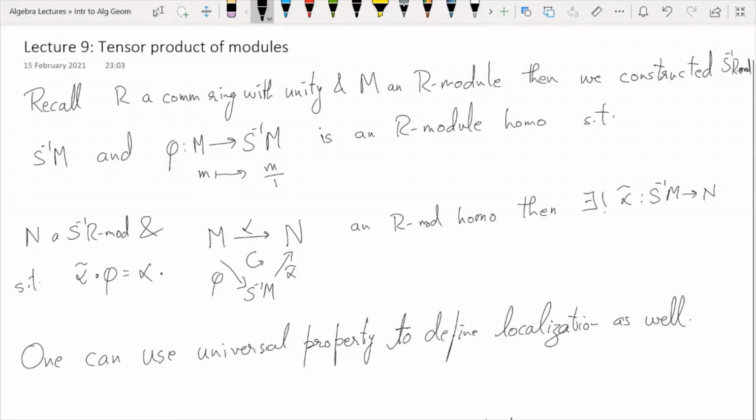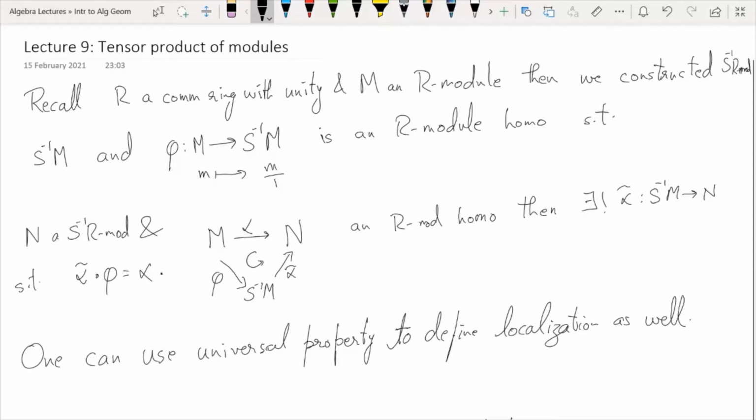So a module together with a map from M to that module is called the localization if it has this property. But the reason we don't define it that way is that the construction of localization is very important, and it's pretty straightforward, and one uses the construction very much.